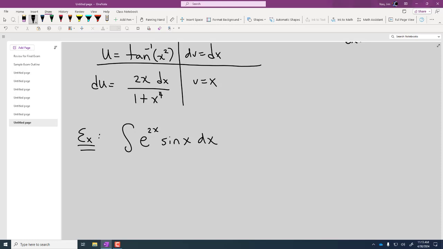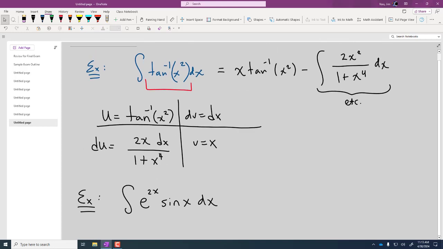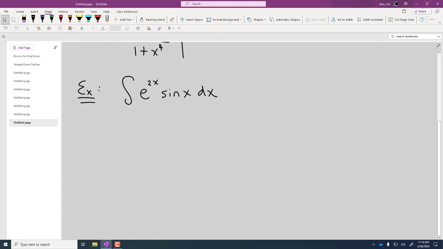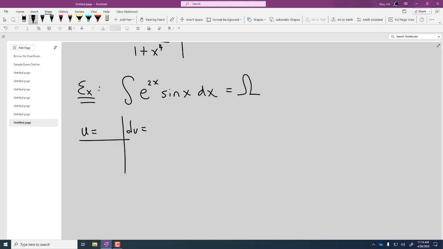Yeah, so if we're doing integration by parts once, this just has to be easily integrable, which is what I would give you on the test if we're doing a regular integration by parts. If we're doing the twist, remember that we are going to need to call this integral something because we're going to invoke it later. And so here, when we pick our u and our dv, it doesn't matter.